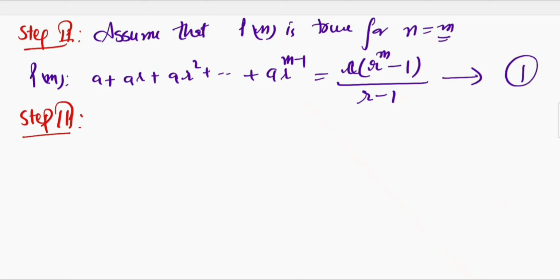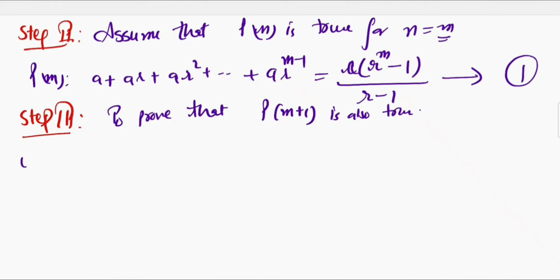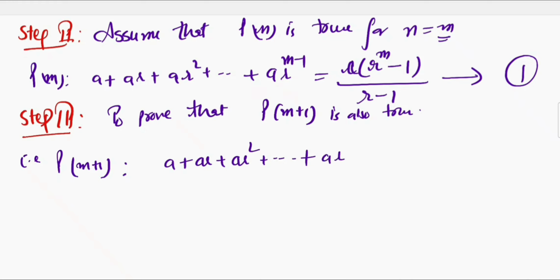So step 3: now we have to prove that P(m+1) is also true, that is a + ar + ar² and so on plus ar^m is equal to a(r^(m+1) - 1) divided by (r - 1). So here we have to prove this equation.